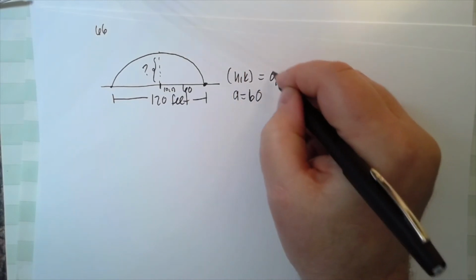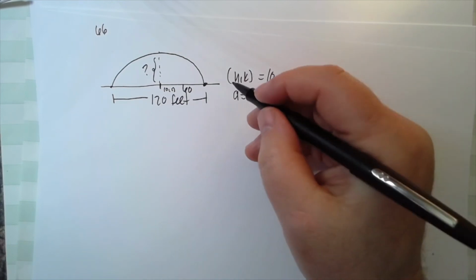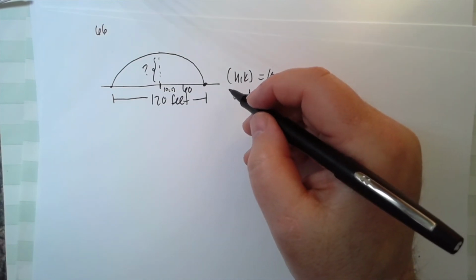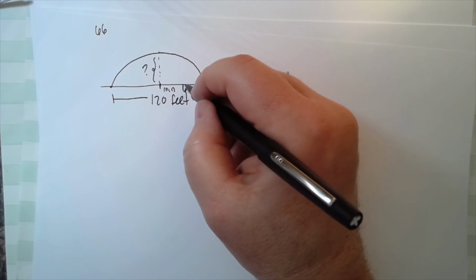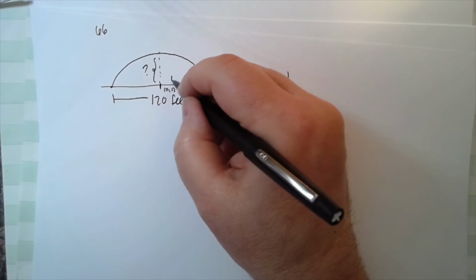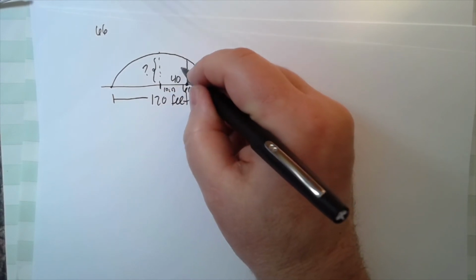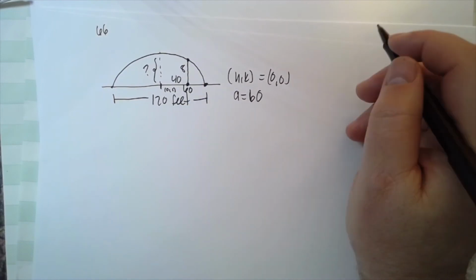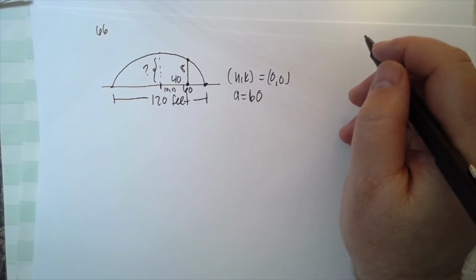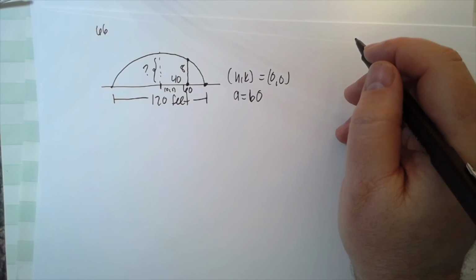That's 0, 0. Now, what we also know here is that a distance of 40 feet, right? So this is 40 feet. This is 8. There, like that. Okay. So how are we going to use that?